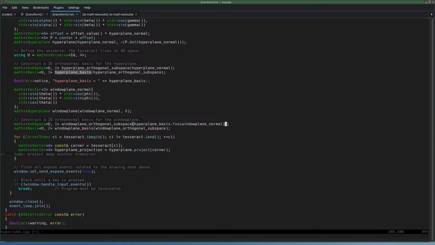Like I could say the window plane normal in hyperplane basis coordinates, but okay. But then I would have to add a method called in to the window plane normal, which is just a math vector. I don't want to do that.